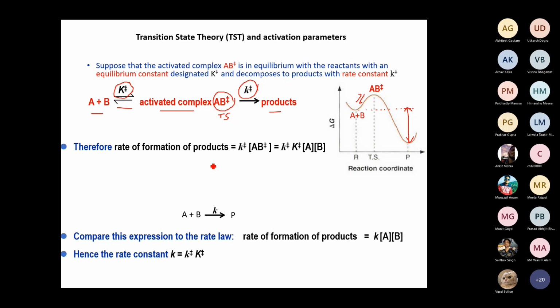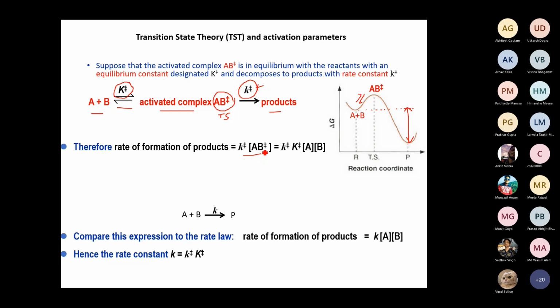So what will be the rate law? It is very simple, right? Now we are expected to deduce the rate law. The rate is equal to k times the concentration of the activated complex, AB double dagger, right? Then what is AB?